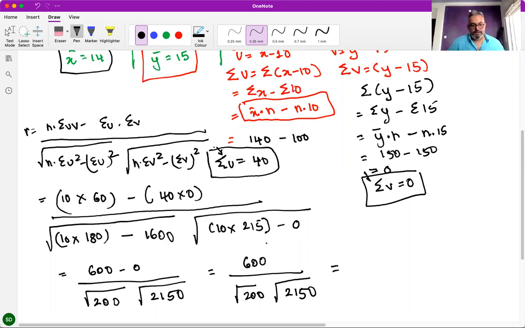Take the calculator, get the answer: 200 into 2150, under root, divide into 600, 0.9149, which is equivalent to 0.92. I suggest you write both, this also and this also. Answer.